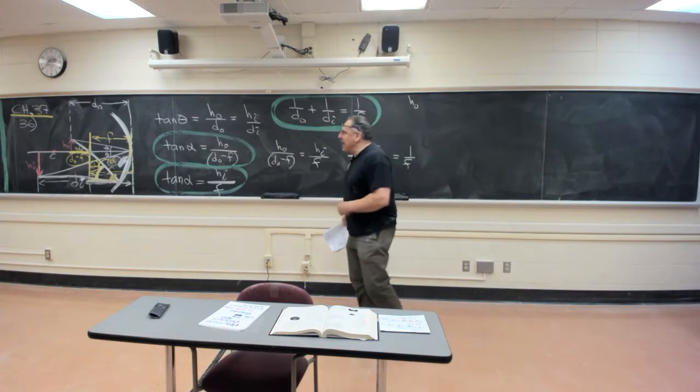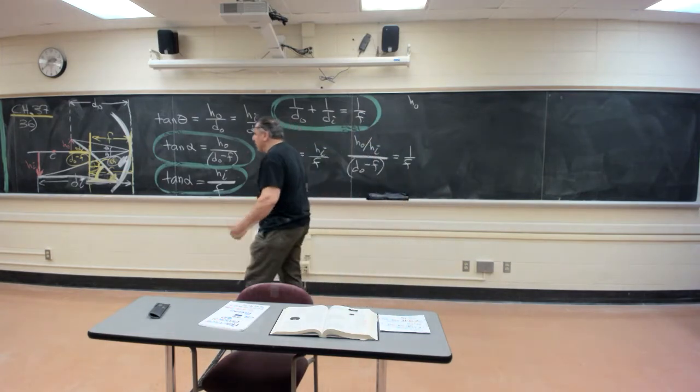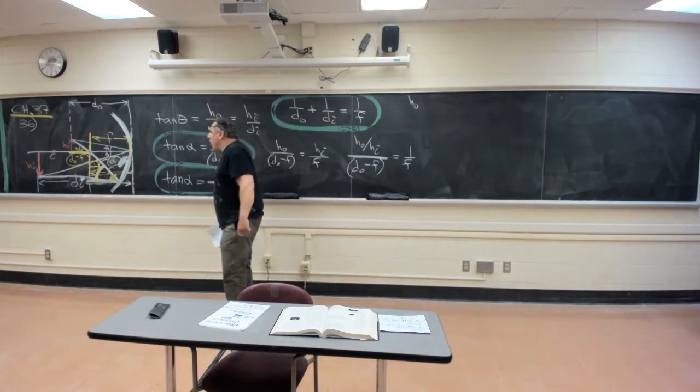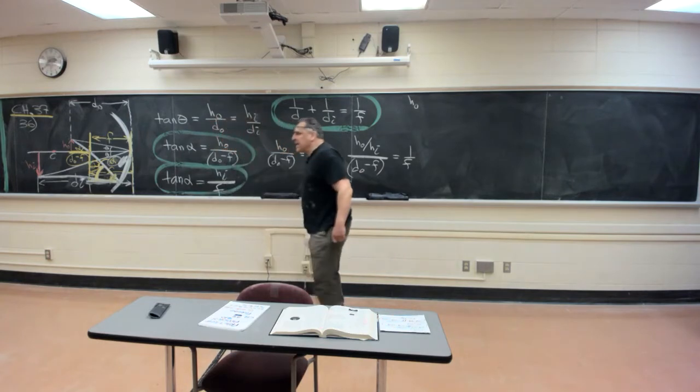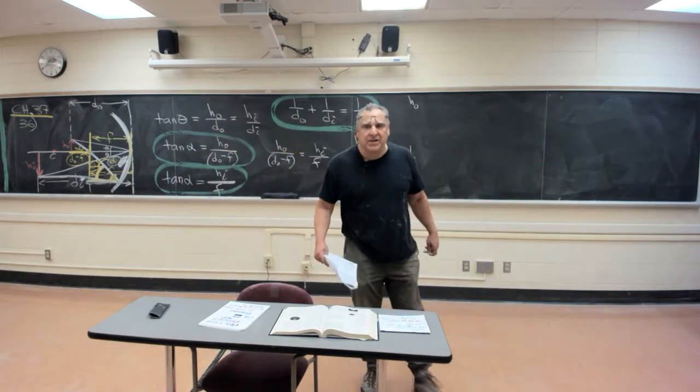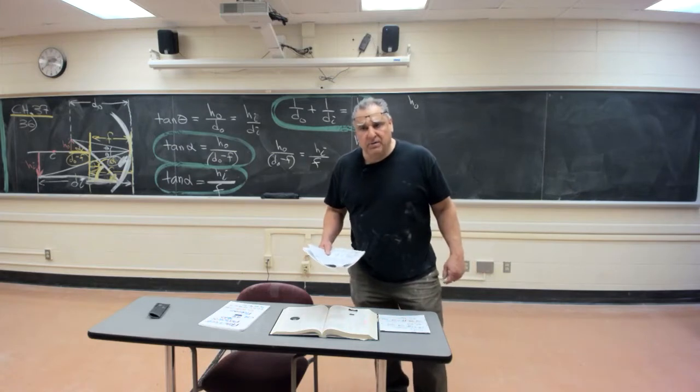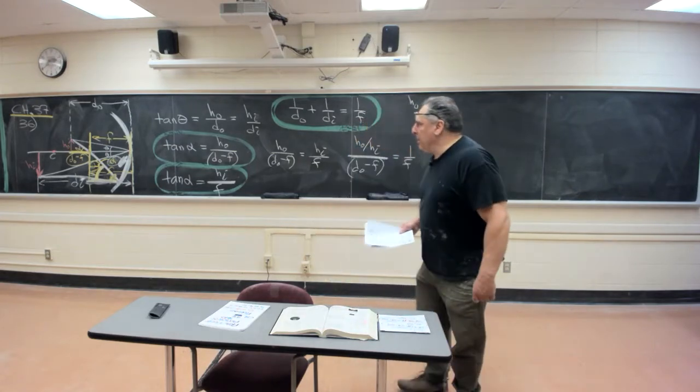If you ran 3 times longer for an image distance, then the height is going to be 3 times taller. So it obeys the trigonometry.